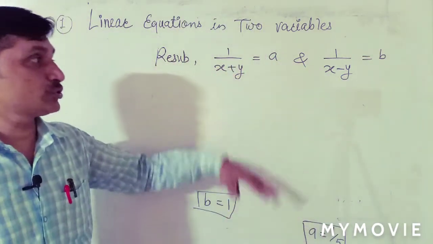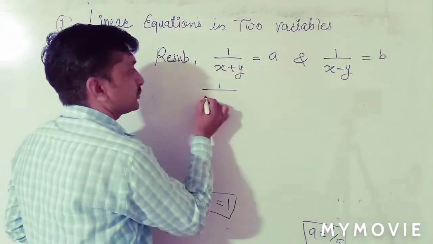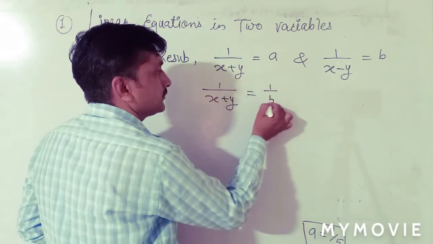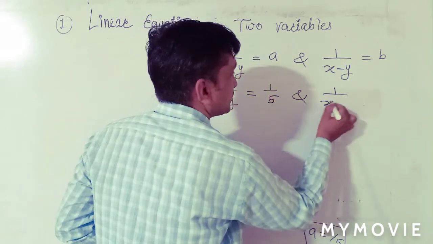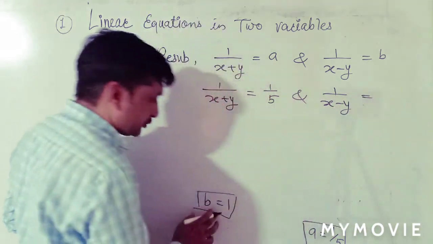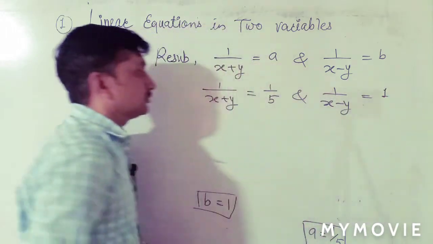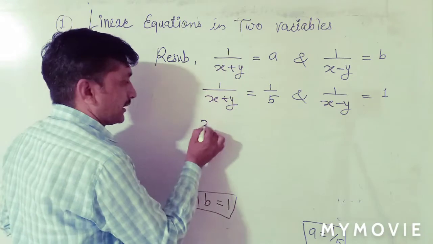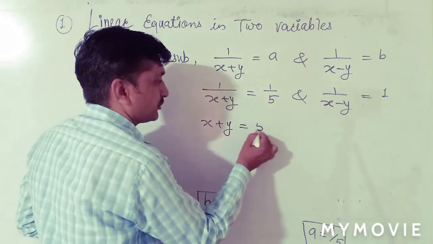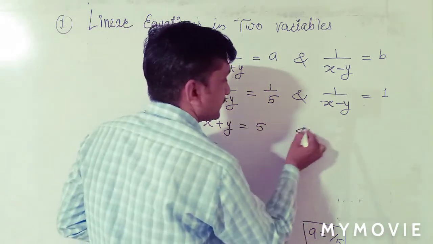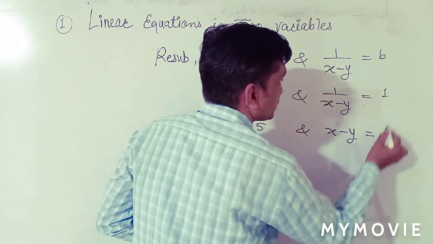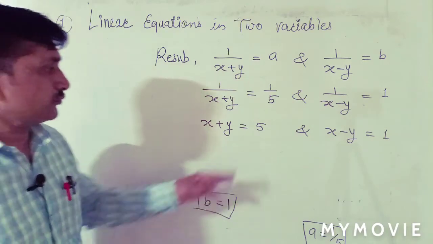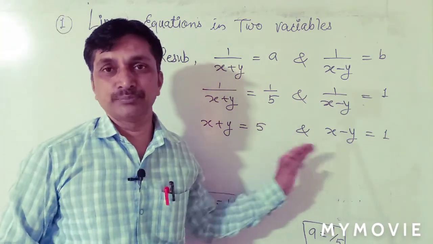So 1 upon x plus y is equal to 1 upon 5, and 1 upon x minus y is equal to 1. Now take the reciprocals, or invertendo. x plus y is equal to 5 and x minus y is equal to the reciprocal of 1, which is 1 itself. Now we got two new simple equations.